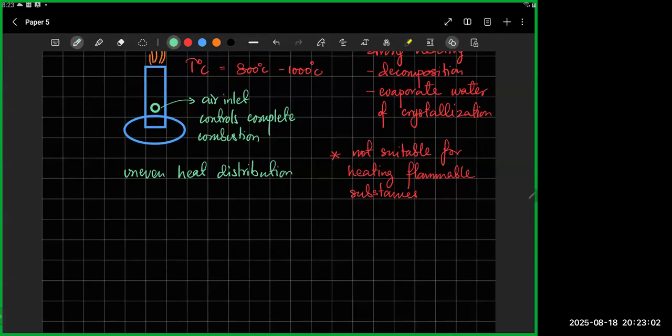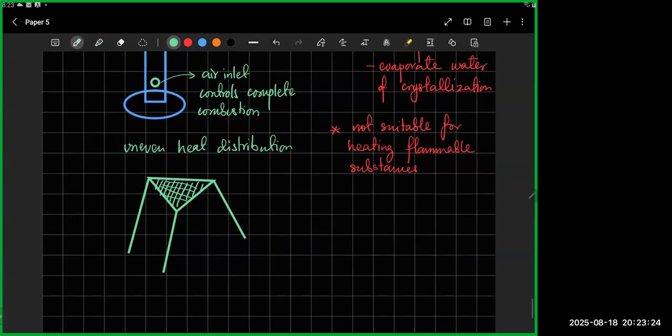So you've got things like tripod stands. उसमें pipe clay triangle होता है, ठीक है?